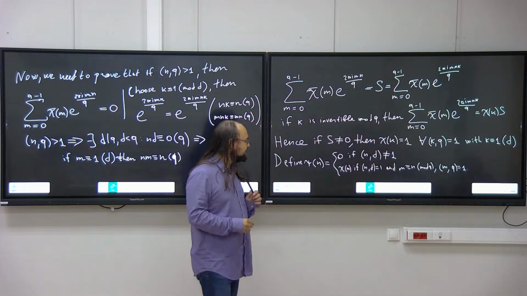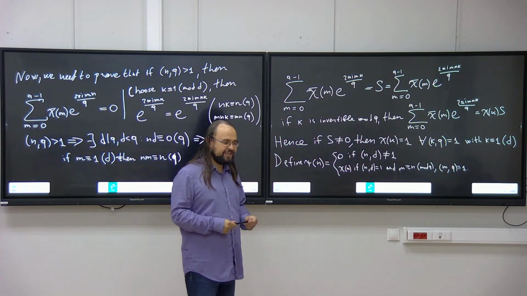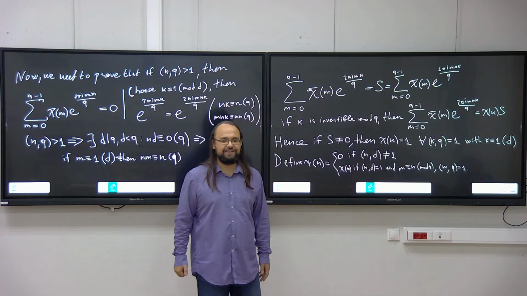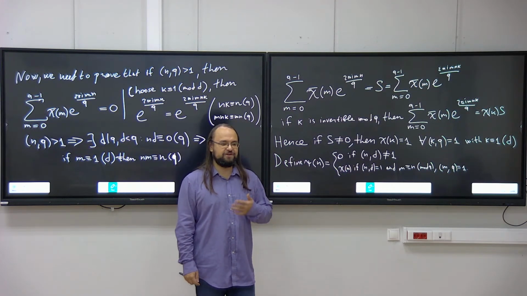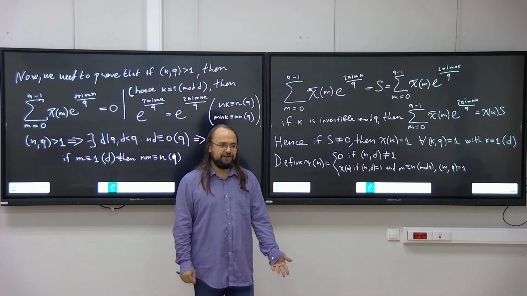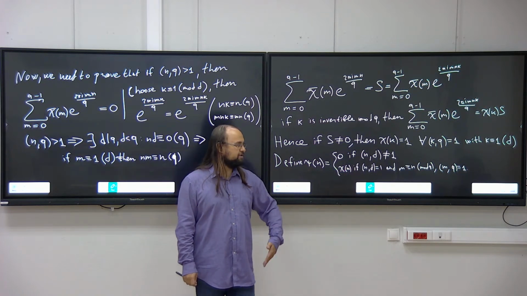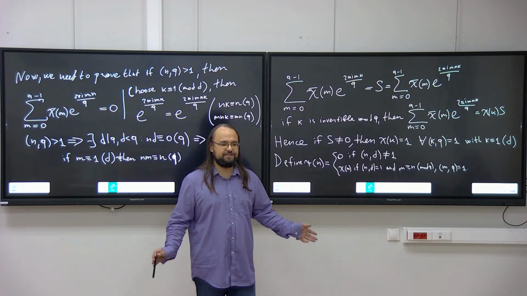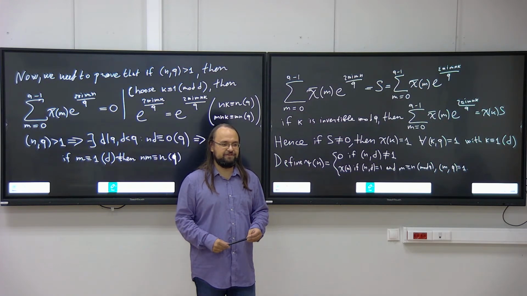So for any residue modulo d coprime to d, you can find a number which is coprime to q and also congruent to your number modulo d, right? This is due to, say, the Chinese remainder theorem.